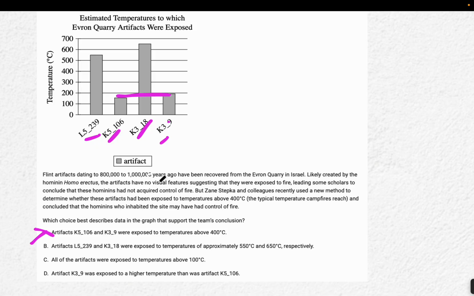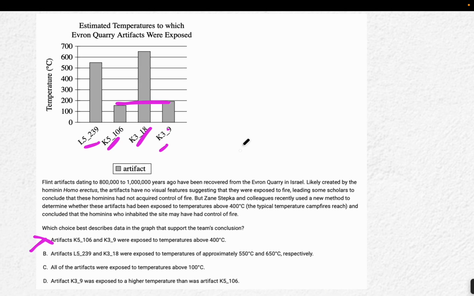As said in the context, that's why the context is important. This takes some thinking. Yeah.